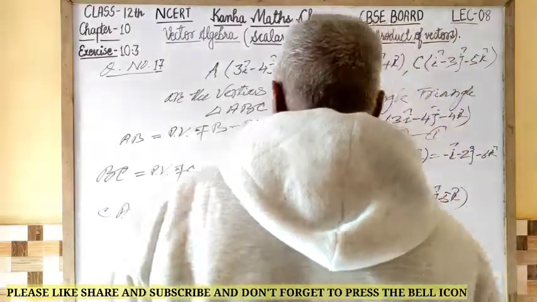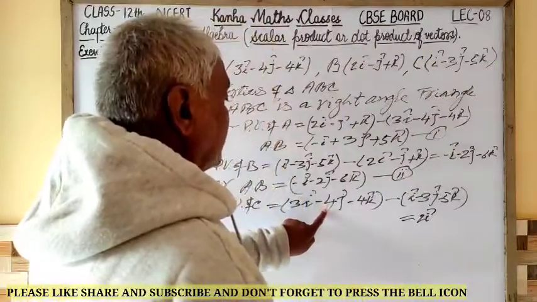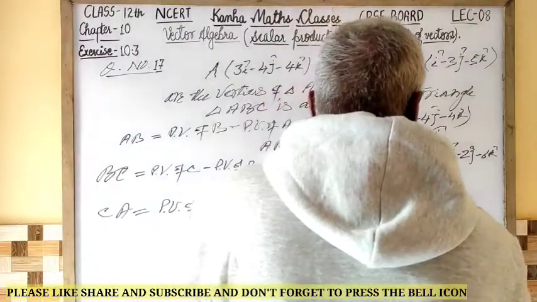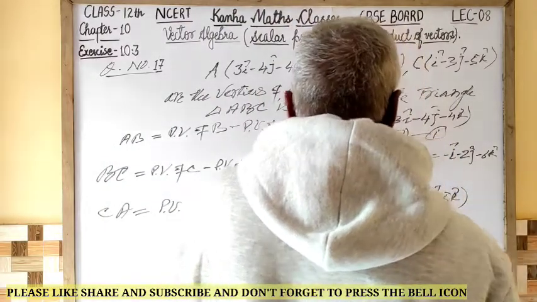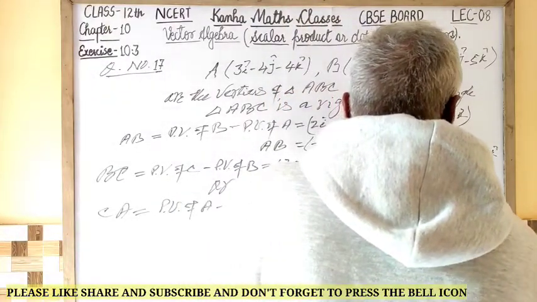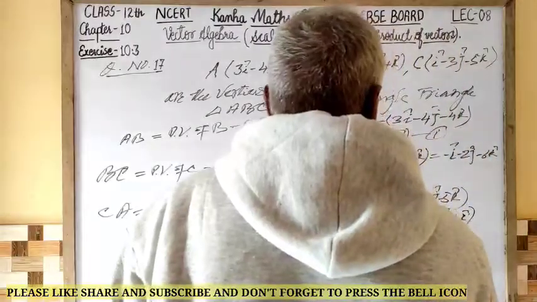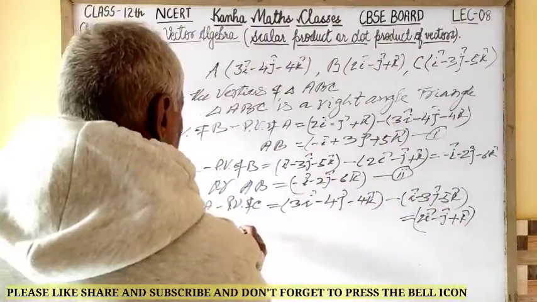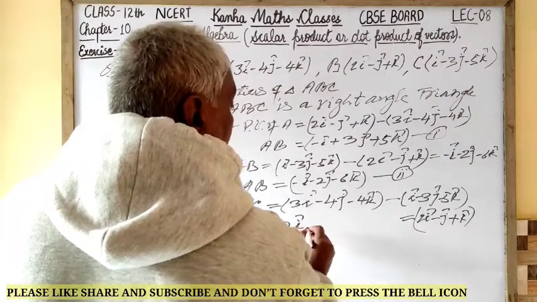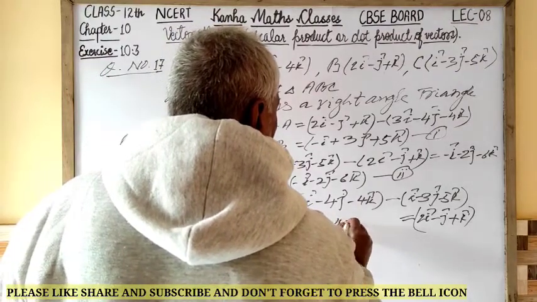This is equal to 3i minus i, that is 2i, minus 4j plus 3j, that is minus j, and minus 4k plus 5k means k. This is the vector of CA, equal to 2i minus j plus k.